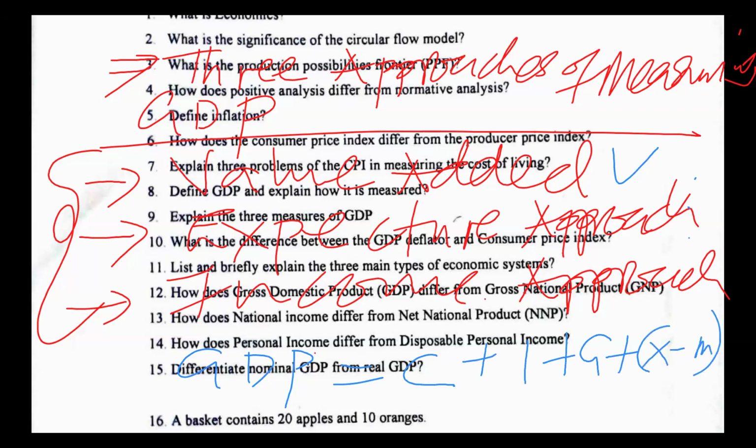The consolidation of these four is what gives you the gross domestic product, GDP. Okay, so GDP is basically the sum of these: 1, 2, 3, 4.